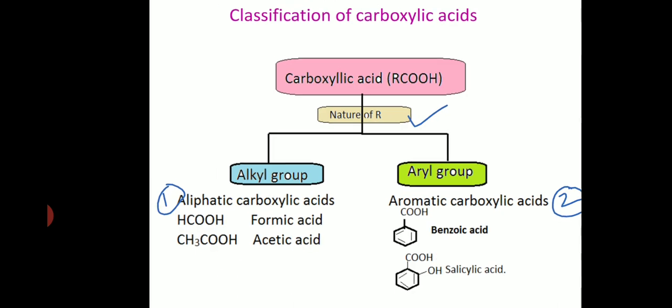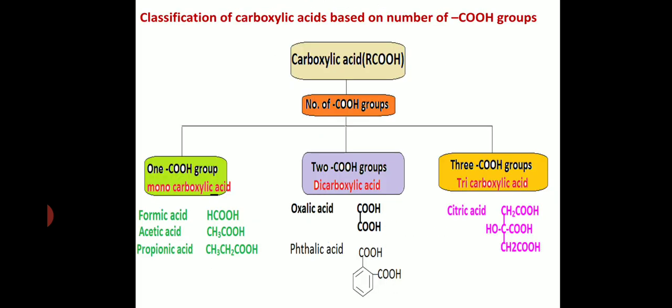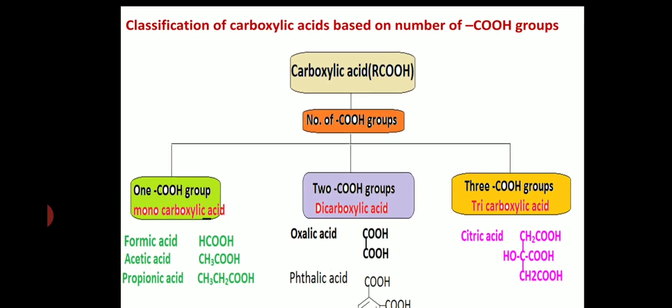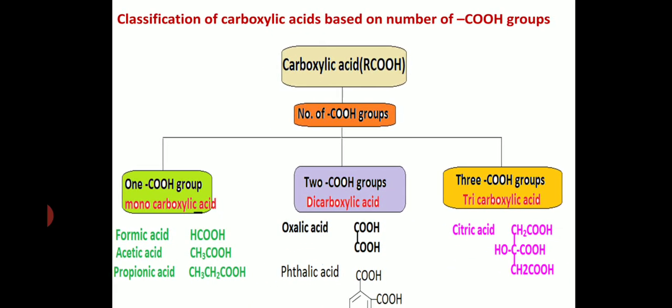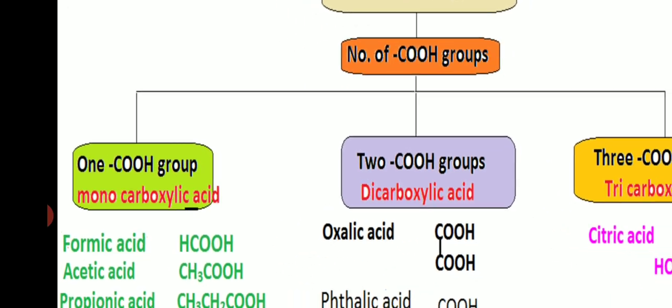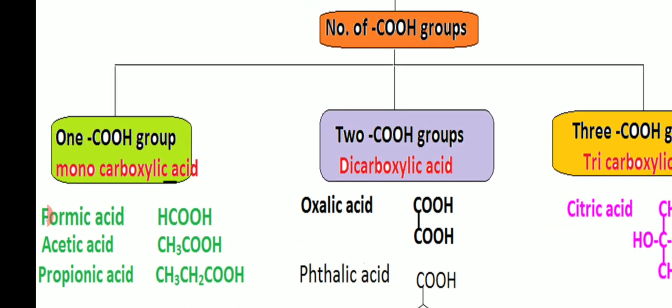Now coming to the second type of classification of carboxylic acids. What is the heading here? Based on the number of COOH groups. The functional group of a carboxylic acid is COOH. Based on the number of COOH groups, carboxylic acids are classified into 3 categories.